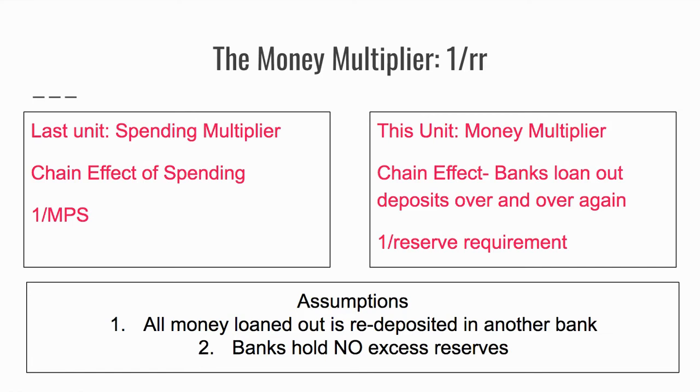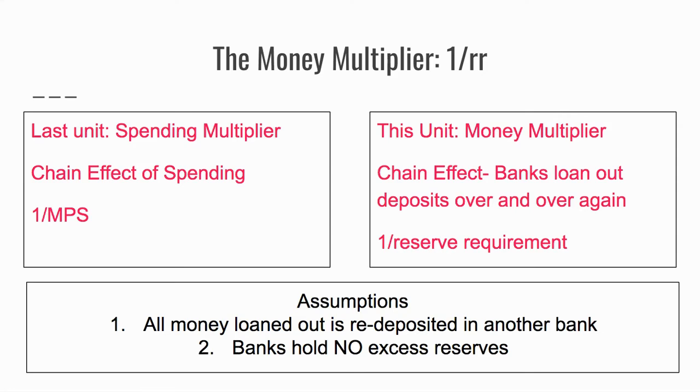Let me actually revisit these assumptions, because they don't hold in the real world. If we look at number 1, when money is loaned out, someone is taking that money and spending it on something, whether it's for college or for a business investment, so it's not actually fully deposited in another bank. Some money leaks out during the redeposit process in real life.